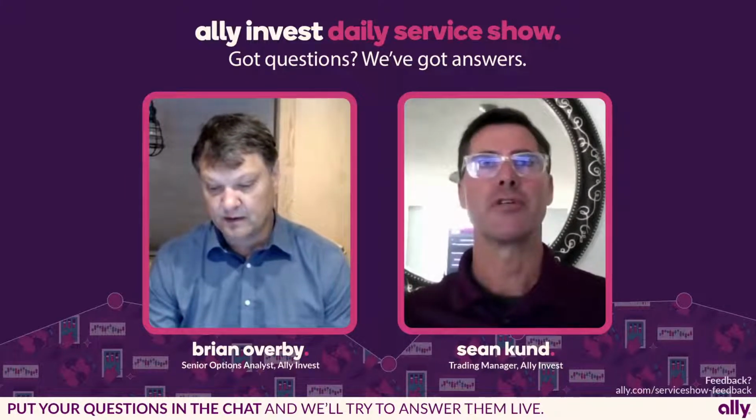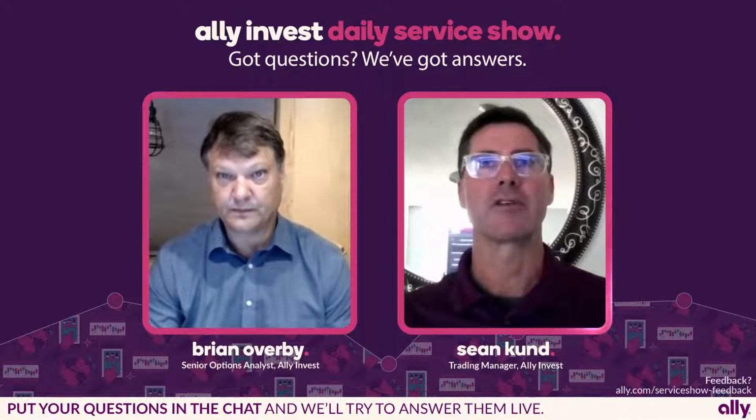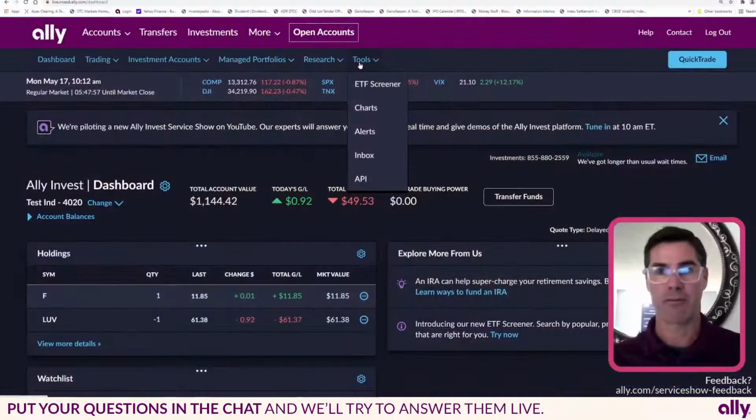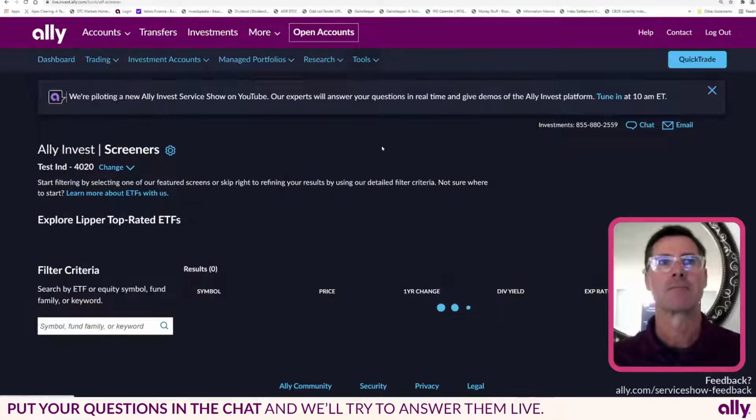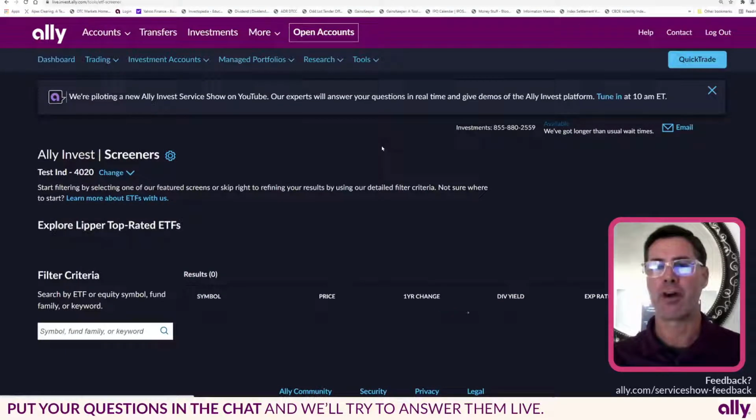So you're able to use the ETF analyzer from the app, from both the live platform, which you're looking at here, and that's under Tools, which is on the upper right, and ETF Screener. And you can do your filter from this page. So to answer your question, yes, it is available in the live platform, which you have access to.